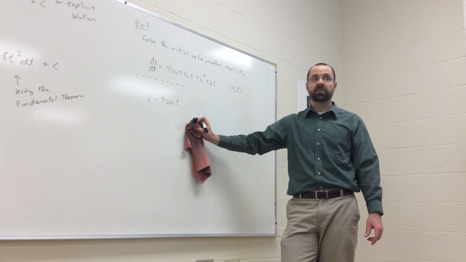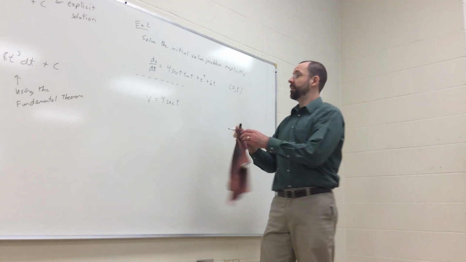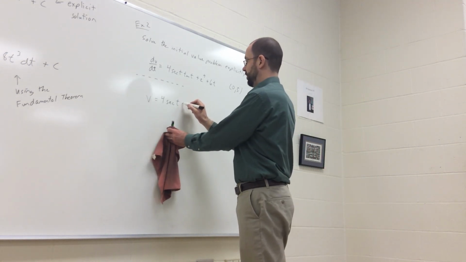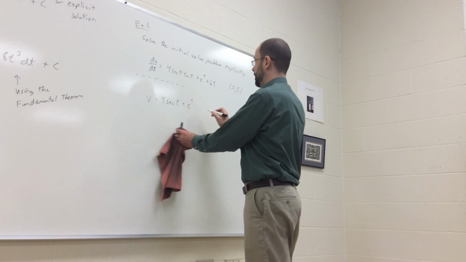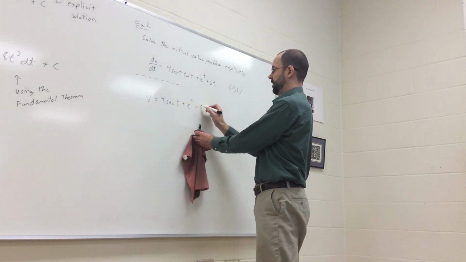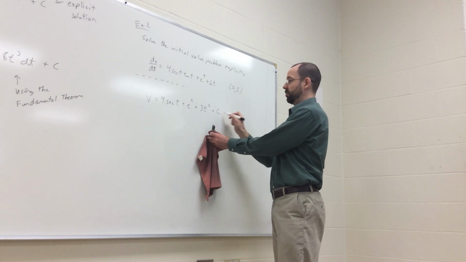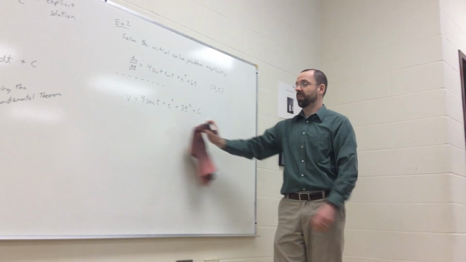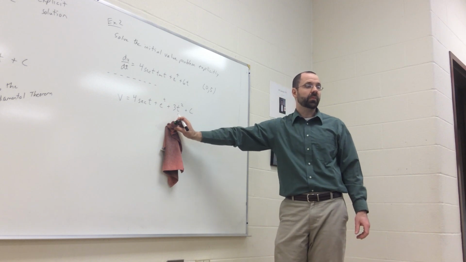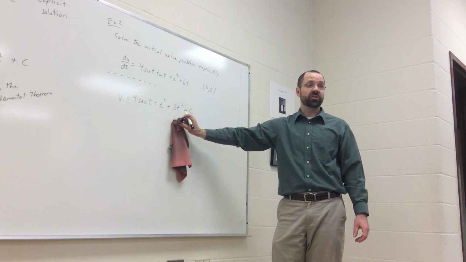Everybody okay with that? Okay, then of course the antiderivative of e to the t is e to the t. And then this would be 3t squared plus c. So that's our general solution.